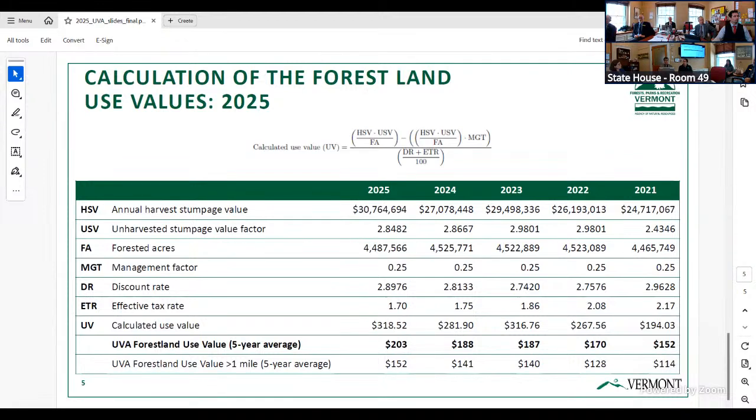And then there would be four more use values for all those same lands that are greater than a mile from class 1, 2, or 3 roads. And then there were several more categories for ag land based on multiple crops and the income generation potential of those different uses. There was a real intention early on to break things down as precisely as possible.